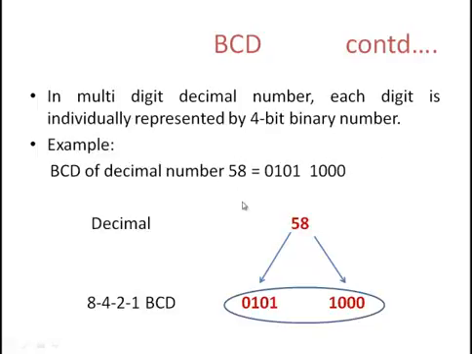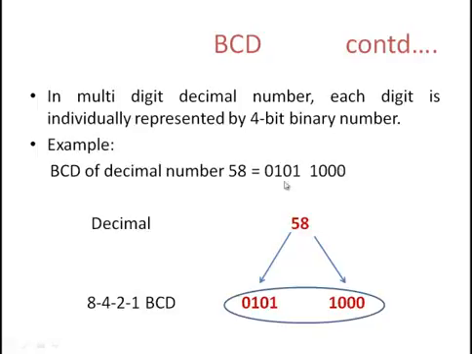Like in this example, we have to find the BCD of decimal number 58. So first of all, we will write down the 4-bit binary equivalent of this digit, that is 5, and after this we will write down the binary equivalent of this digit, that is 8. So these two numbers together will give BCD of decimal number 58.